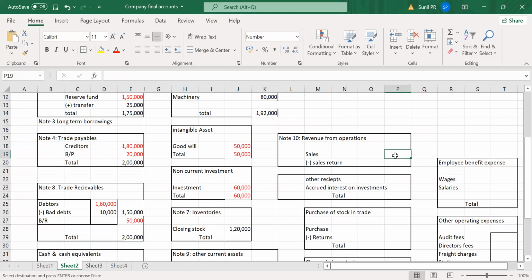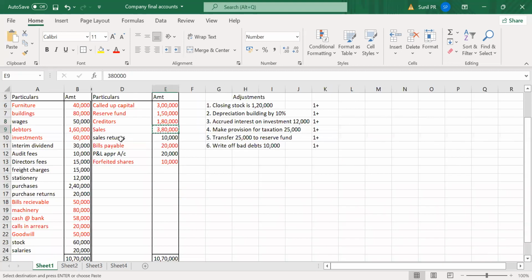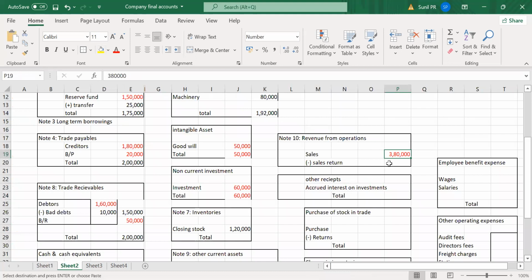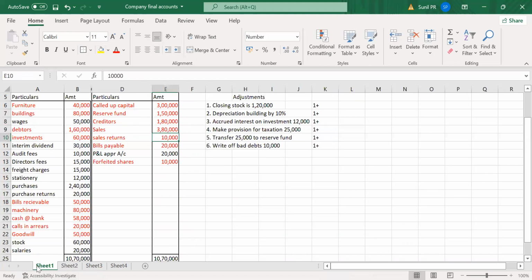So I'm writing here sales. Next, minus sales return. Sales minus sales return, this is called as 3,70,000. Total is 3,70,000. Next, continue with other receipts. Any other income you find in the question.